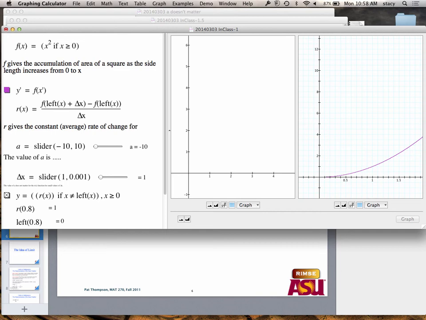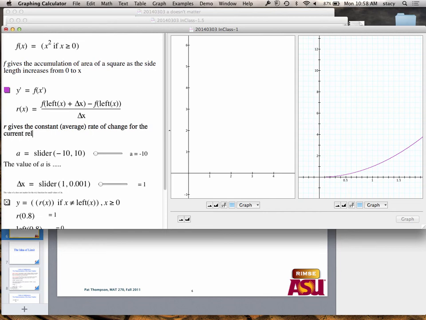For the current x relative to... so what are we talking about?